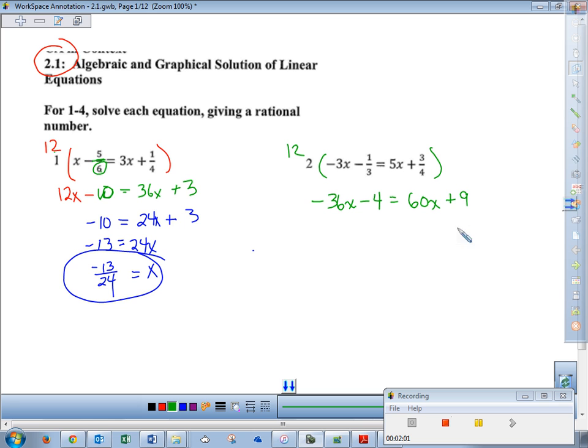Add times 9. 2. And then add 36 over. Subtract away the 9. Divide by 96.